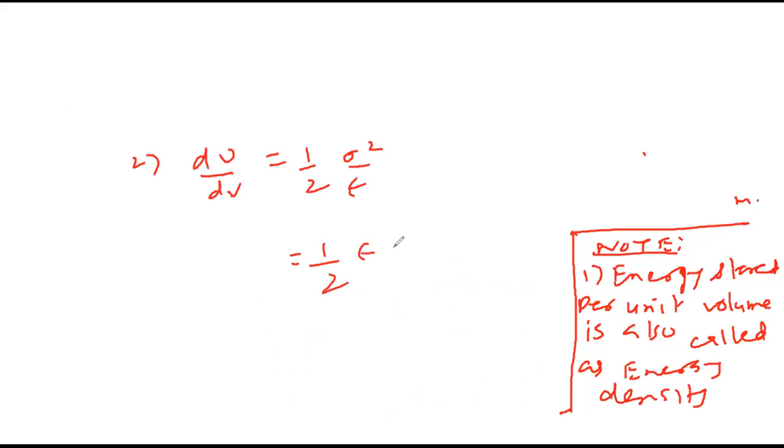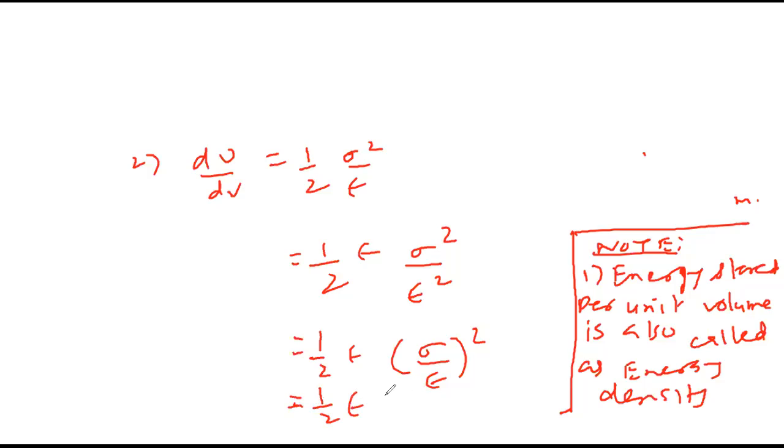This also I can modify as multiplying and dividing by epsilon, half epsilon sigma upon epsilon square, half of epsilon into E square. So force per unit area or energy density formula same.